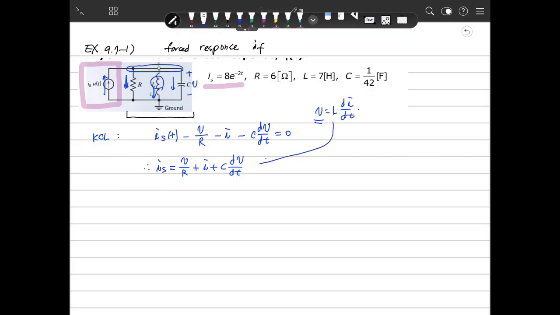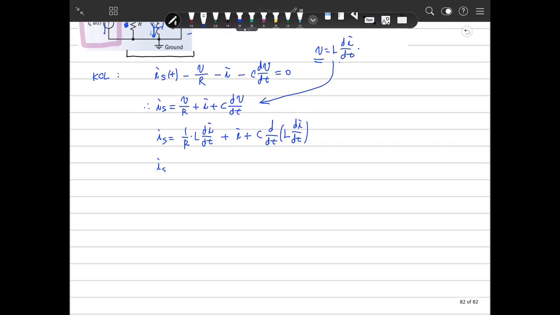Substituting this equation, it will be 1 over R times L di/dt, plus i, plus C d/dt of L di/dt. So it will be L over R di/dt plus i plus LC d squared i/dt squared.